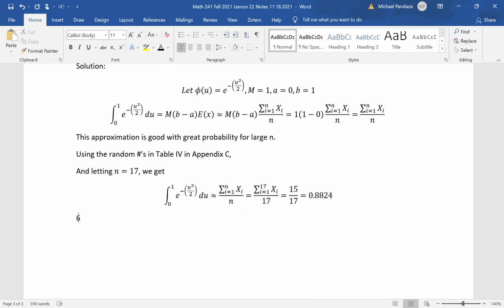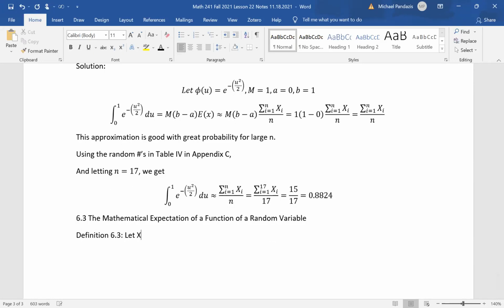So next is 6.3, which is on mathematical expectation of a function of a random variable. We've been finding the expected value of random variables. Now we want to talk about the expected value of a function of a random variable. So this is Definition 6.3.